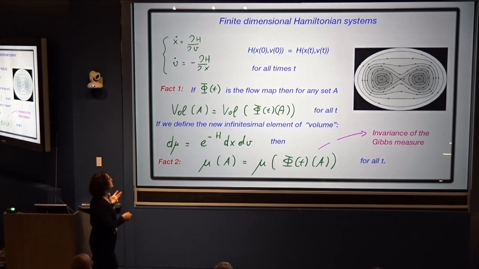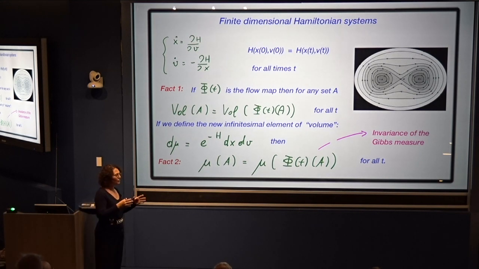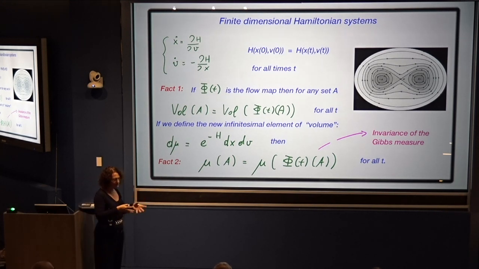One important thing to remark is that you can check the Hamiltonian is conserved, meaning whatever it was at time 0 is the same for any time. But also, more importantly, thanks to the Liouville theorem, the flow keeps the volume invariant. What that means is that if I measure the volume of a set A, and then I measure the volume of the evolution of the set A, those volumes are the same.